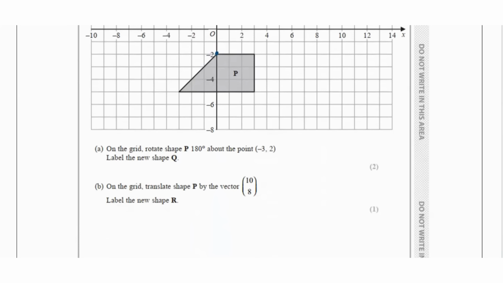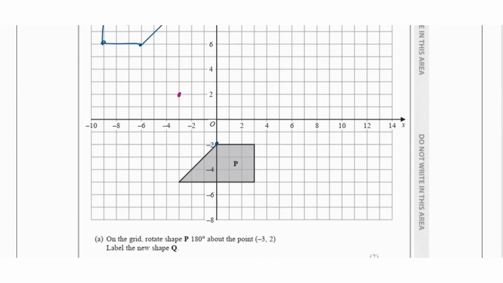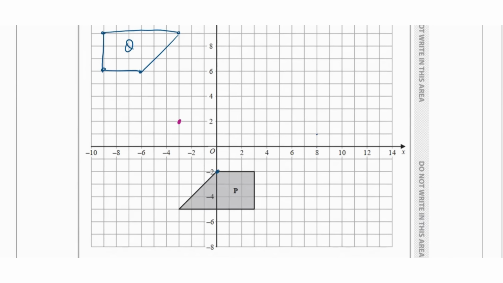Then on the grid, translate shape P by the vector (10, 8). Vector (10, 8) means it's moving 10 units to the right and 8 units up. So we use the same point, (0, -2), and translate by the vector (10, 8). We add 10 to 0 and 8 to -2. That gives us (10, 6).